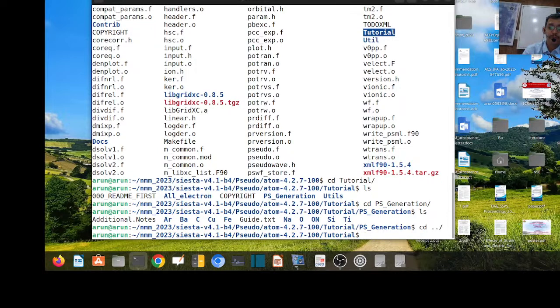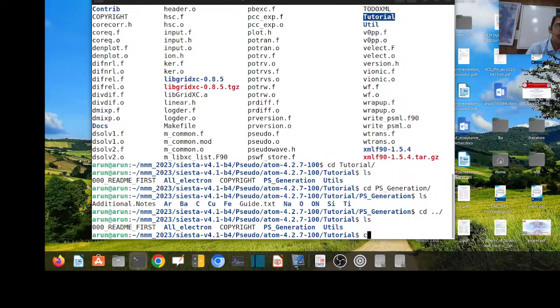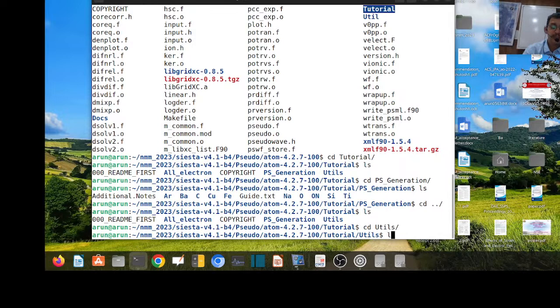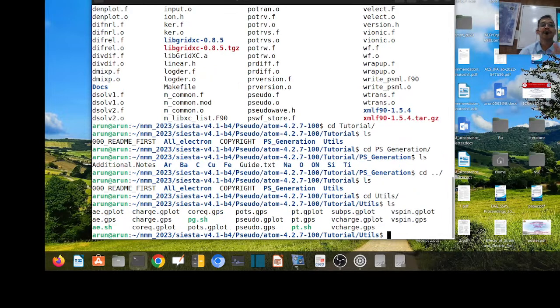Also, if I go inside the utils, then utils contain 3 scripts. One is AE.sh, another is PG.sh, and the third one is PT.sh.